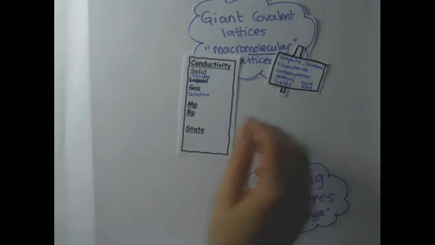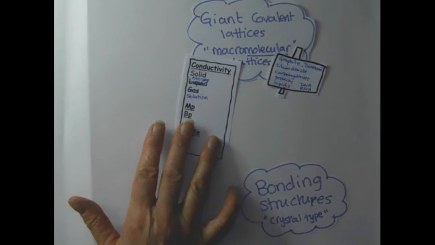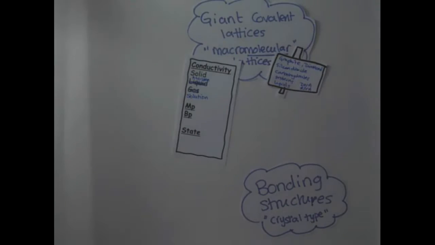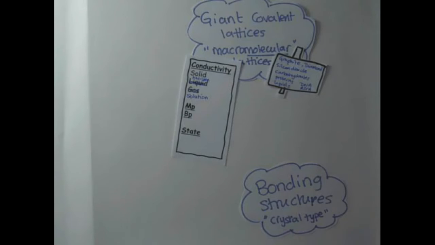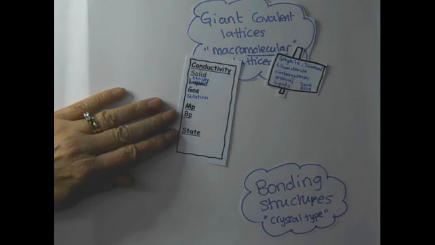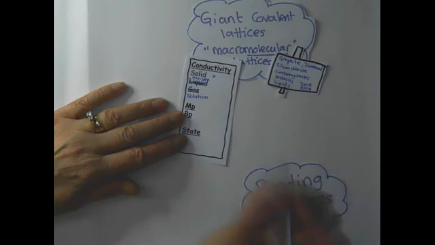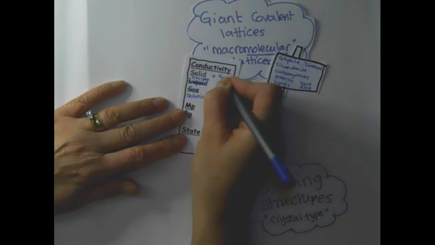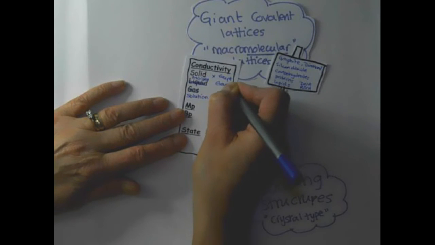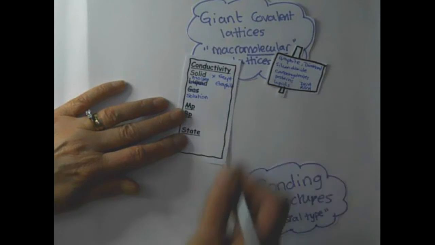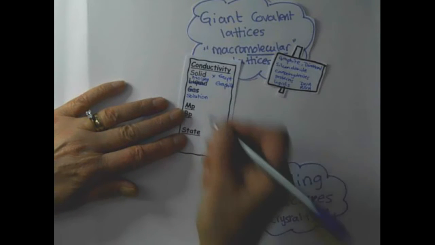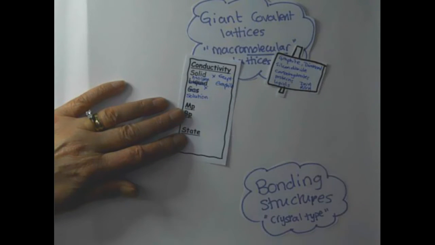So again, looking at those particular things, what can we say about the conductivity of these covalent molecules? Well, in the solid, they aren't conductive except graphite. So that is conductive. When they're molten, again, they are not conductive.